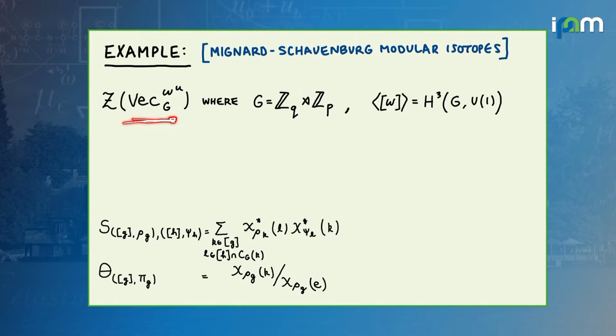Now for these categories, there's a very specific group, this semi-direct product, where these p's and q's are odd primes. They satisfy some divisibility condition. This pins down what kind of third cohomology group you're looking at. It ends up being a cyclic group of order p. Notation's a bit of an eyesore, but something like this.